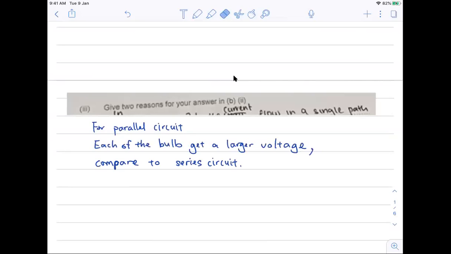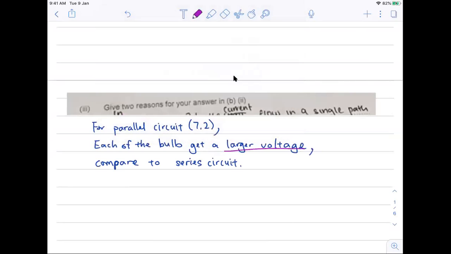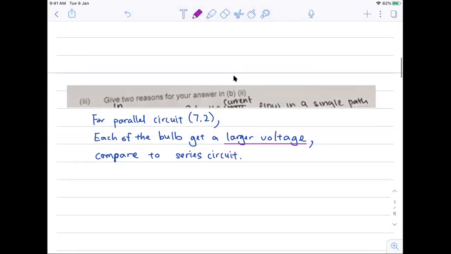Right here, the parallel 7.2 has a larger voltage. This is the first reason.